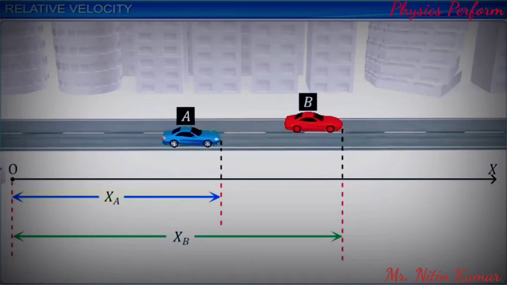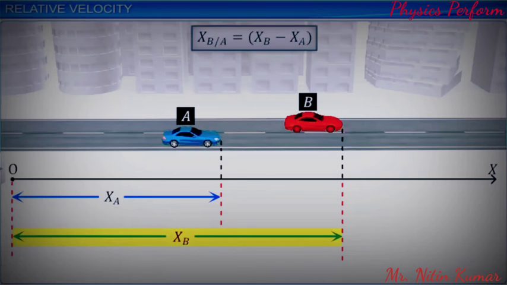This implies that A is at a distance xA with respect to origin O, and B is at a distance xB with respect to the same origin O. This implies that the distance is measured with respect to the fixed point O, which is the origin. xB minus xA is the relative position coordinate of B with respect to A and is denoted by xB/A.